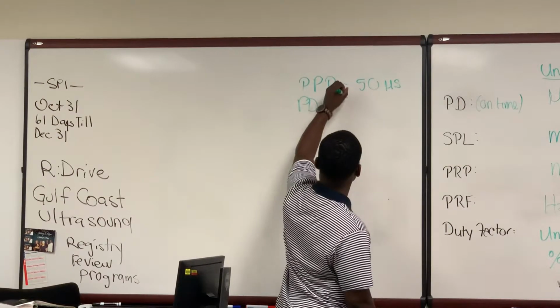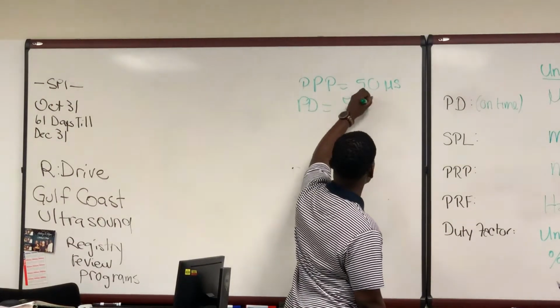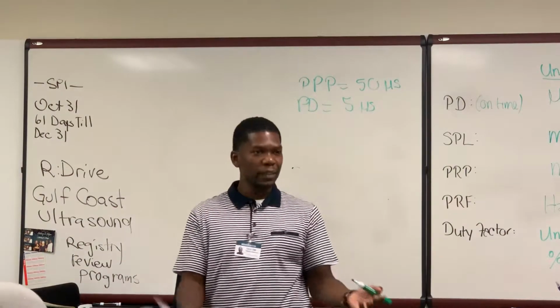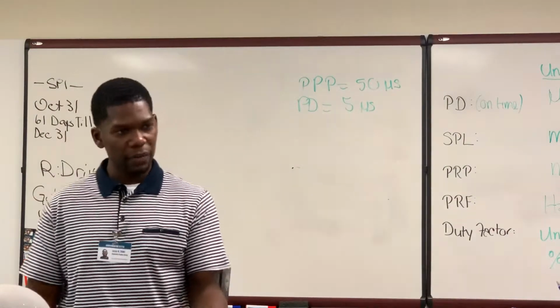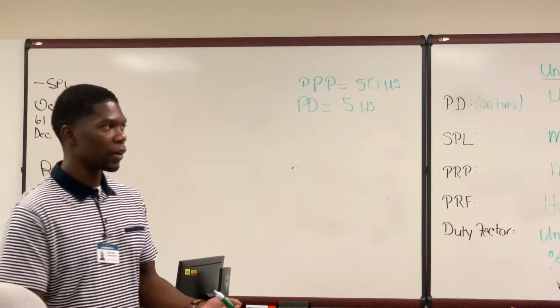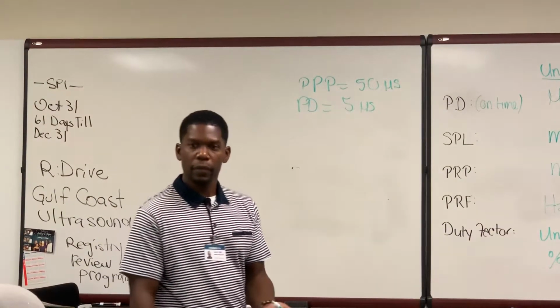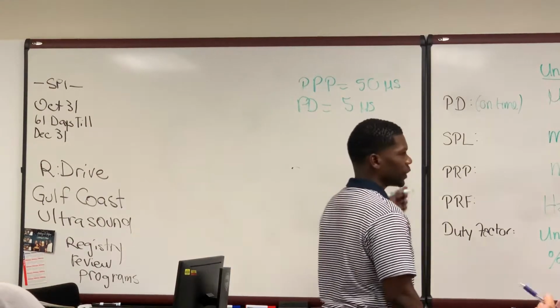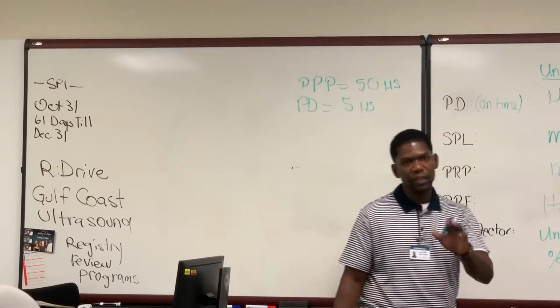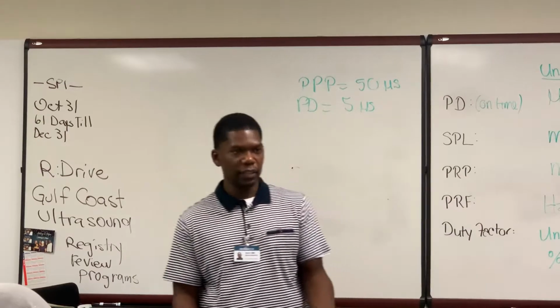Let's say that's 5 microseconds. Guys, the PRP is always going to be longer than the pulse duration, right? It's always going to be longer because we're listening 99.8% of the time. The machine's only working 0.2%. It's only transmitting 0.2% of the time in diagnostic ultrasound.